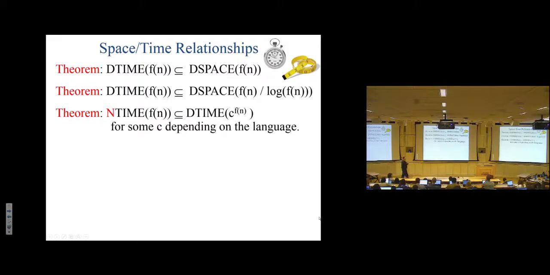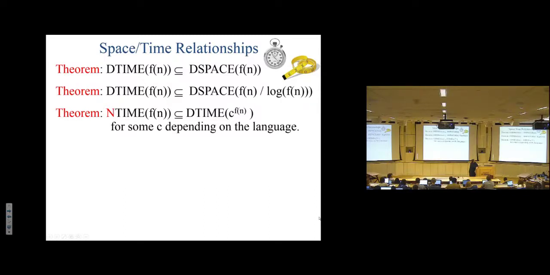So if you have f of n units of space, you can certainly expend f of n units of time in that space, and perhaps more, because space is reusable, time isn't. Right? So you have these containments, not necessarily proper, nevertheless containments. Some of them may or may not be proper. Equality may or may not hold. We don't know for some of them. For some of them we do. And of course, non-deterministic time is contained in deterministic space.